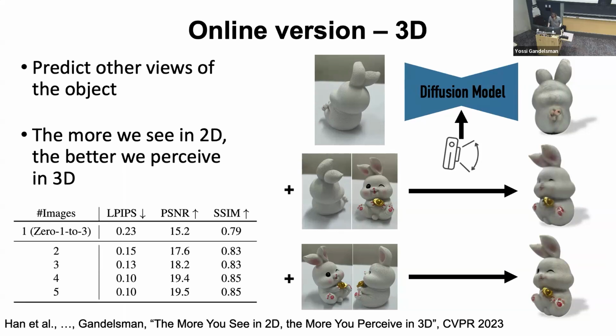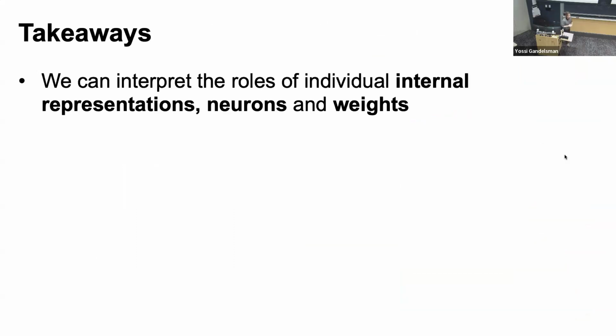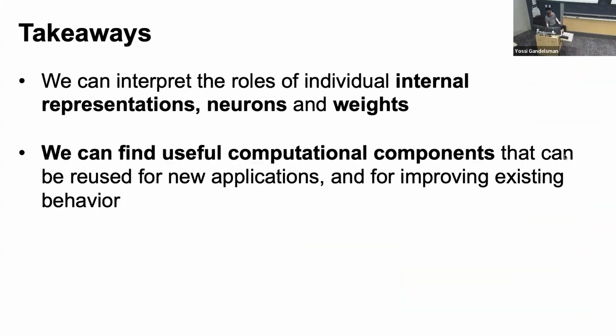Okay, so I would like to give some takeaways and then maybe give 5 minutes on future work. We saw that we can interpret the roles of individual representations, neurons, weights, and layers in the model, right? Not only can we say something meaningful about them, we can find useful computational components in them that allow us to do a lot of interesting tasks, from improving our existing models on specific datasets or specific cases, to introducing absolutely new tasks like out of distribution detection or coming up with adversarial attacks.